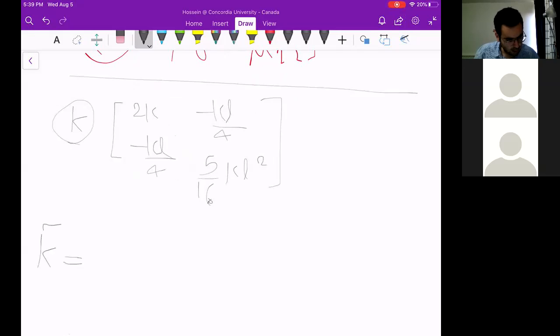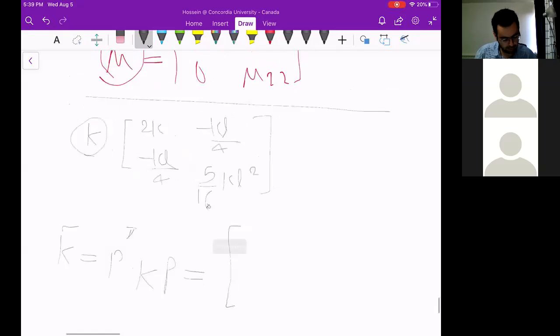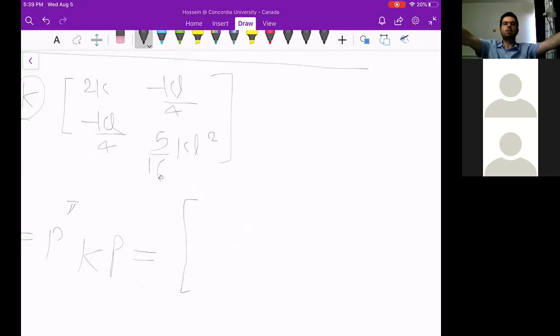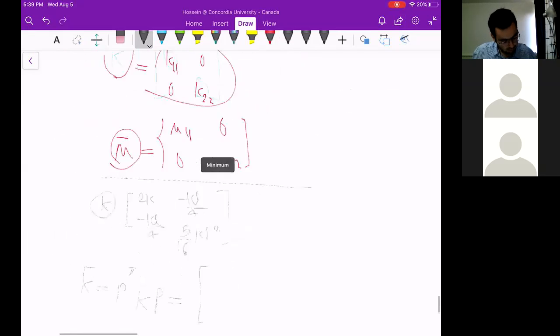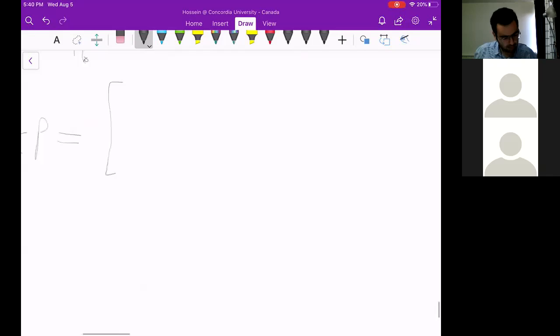Diagonalized stiffness is P transpose K P. P we already obtained; P is the modal matrix. For the transpose, you have to take each row and make it a column. So let's go for it: 1.424 L, 1, minus 8.424.